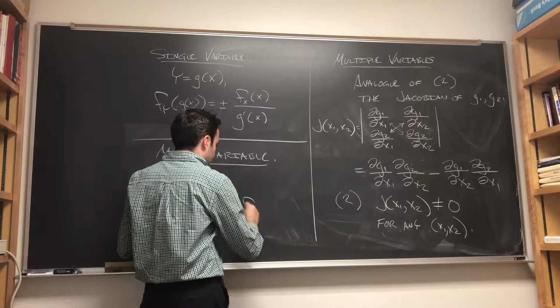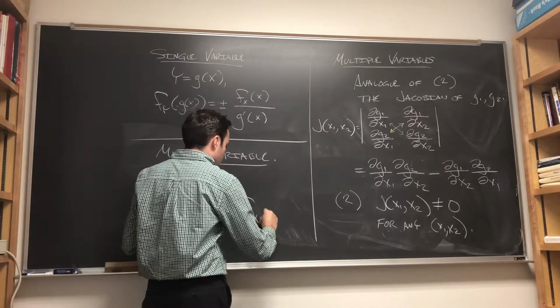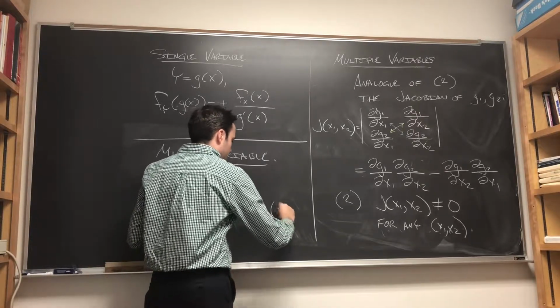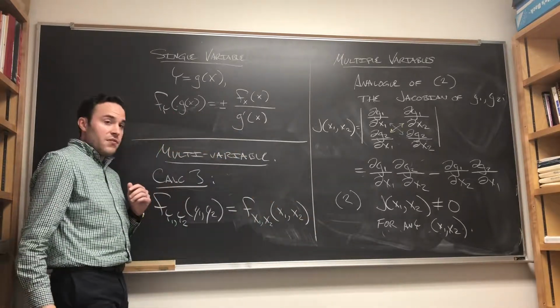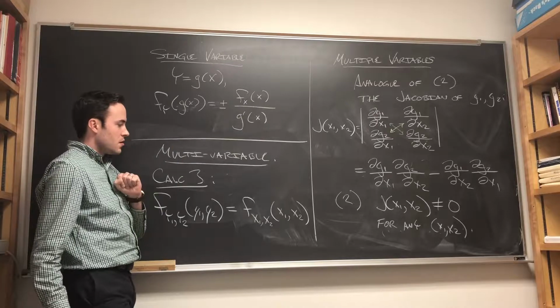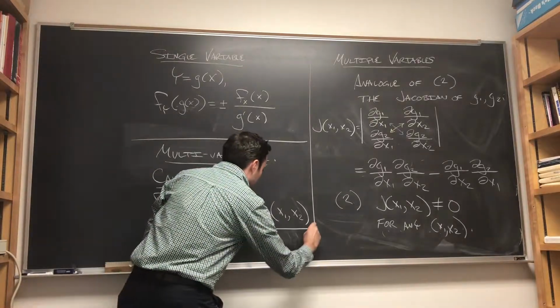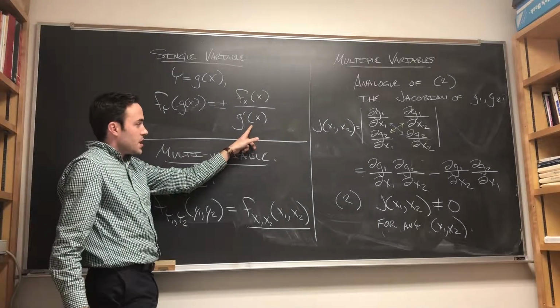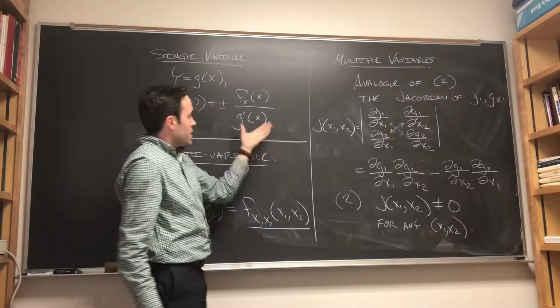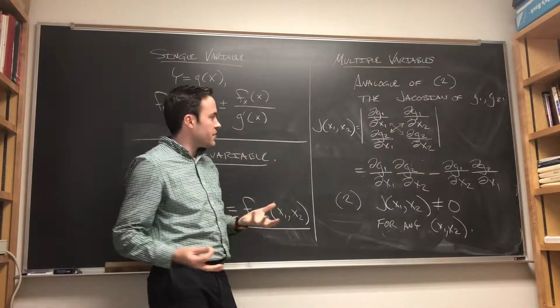We get the joint PDF of f, right, just like we had before, and we divide that, just like here, we divided by the first derivative. Well, the analog now, right, we no longer have just a single first derivative to talk about.